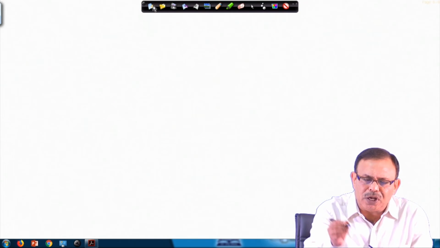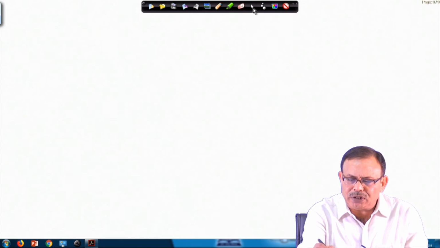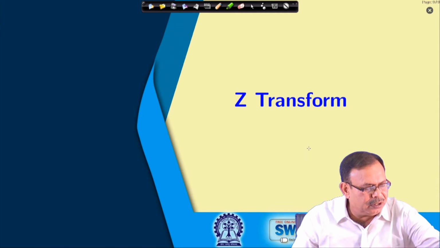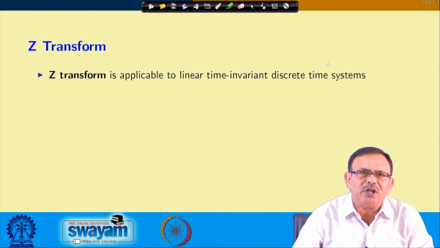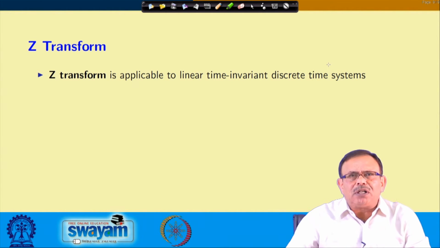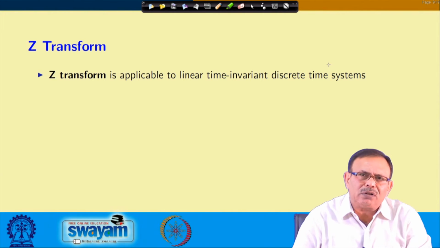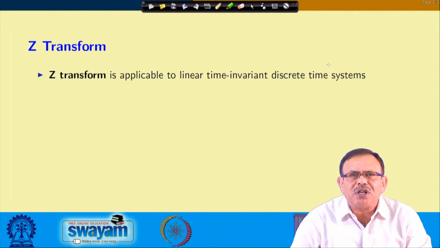Now, let us come to the last topic, that is the Z transform. This Z transform has a unique identification. Z transform is applicable to linear time invariant discrete time systems. That is, in a time series, whenever you are talking about a time system which takes discrete values, not continuous values.